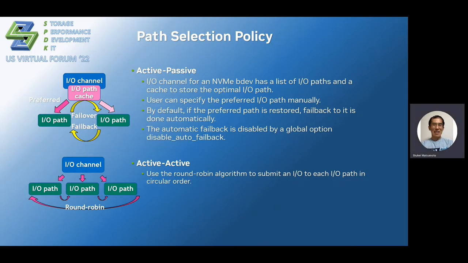Another policy is active-active. Currently, the active-active policy uses the round-robin algorithm and submits an I/O to each I/O path in circular order. More path selection algorithms will be added to the active-active policy in the future.